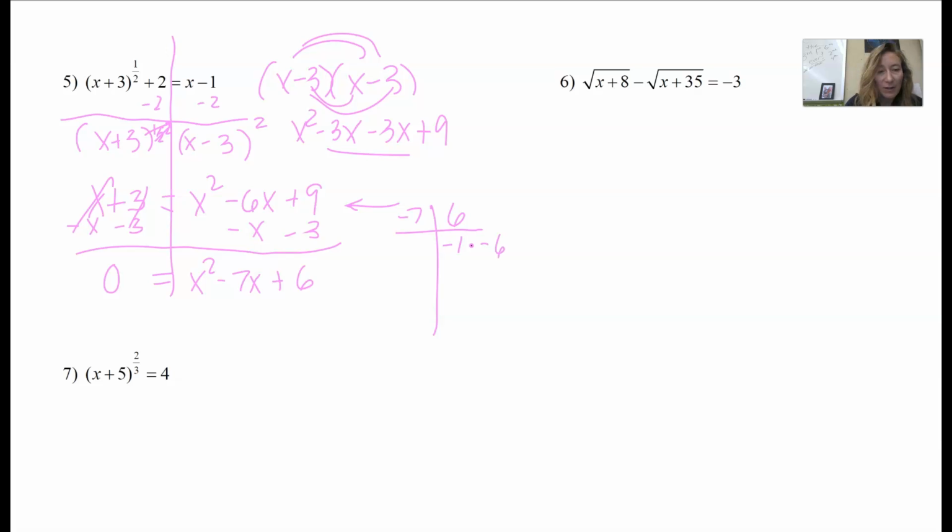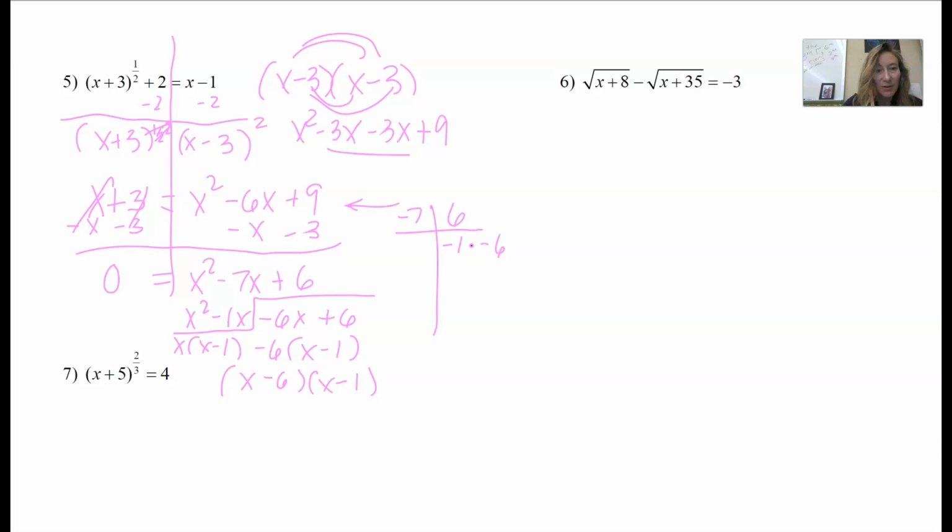And then I will factor x squared minus 1x minus 6x plus 6. Drawing the fence, taking out the GCF, x times x minus 1 minus 6 times x minus 1. And then getting the result, x minus 6 times x minus 1.